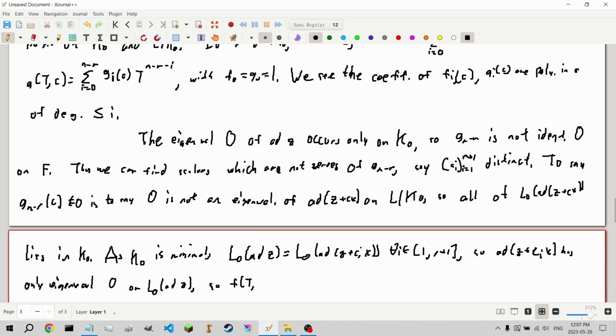So f of T, c_i is equal to just T to the r.